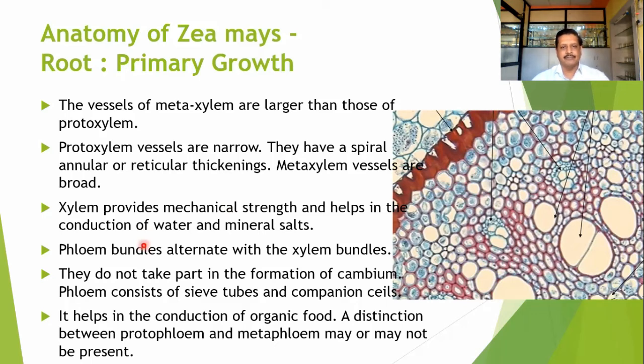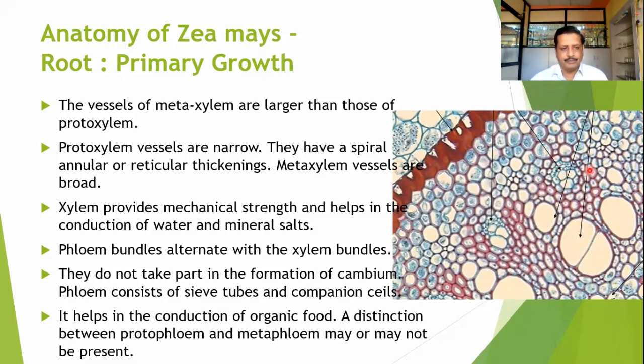They are alternating with the xylem bundles and they do not take any part in the formation of cambium, or we can say any formation of other cells. The phloem contains sieve tubes and companion cells can be observed in the phloem tissue, in the phloem bundles.